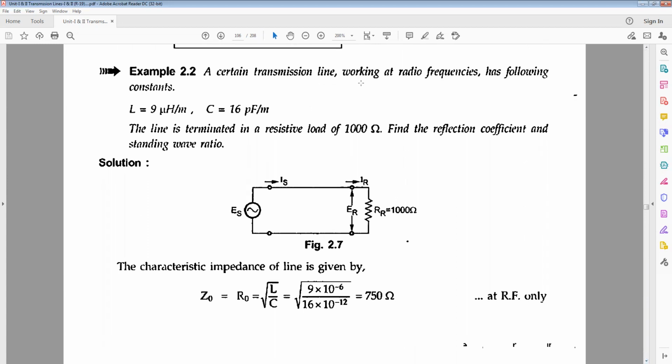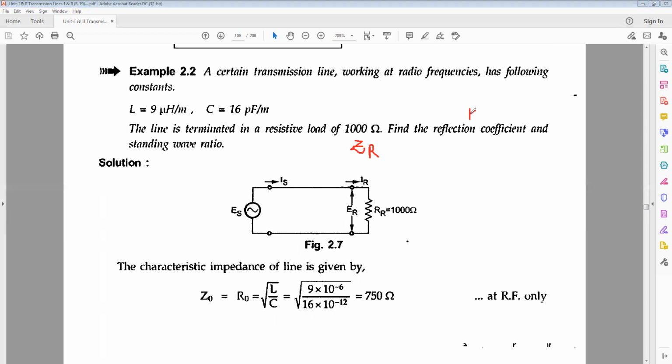We know the radio frequency, neglecting the terms R and G, the Z naught is equal to root of L by C. Working at the radio frequency, it has the following constants, L and C. L is given as 9 microhenry per meter, and C is 16 picofarads per meter. The line is terminated in a resistive load. Resistive load means it is ZR. ZR is given. Find the reflection coefficient and the standing wave ratio.